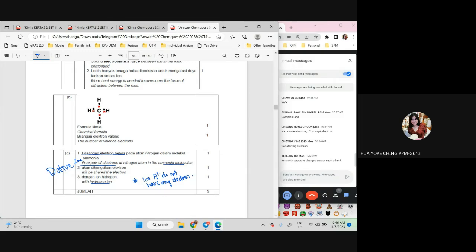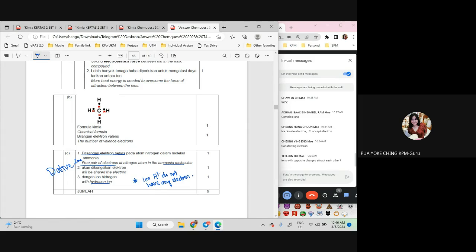Dative bond, first you must have atoms which have pasangan elektron bebas. Okay, syarat pertama ada atoms yang ada lone pair. Satu syarat lagi adalah ada satu yang tak ada elektron langsung.